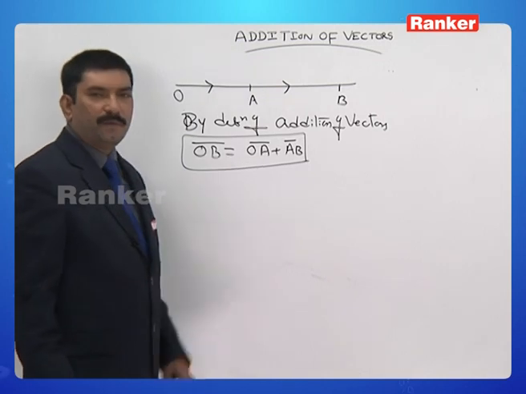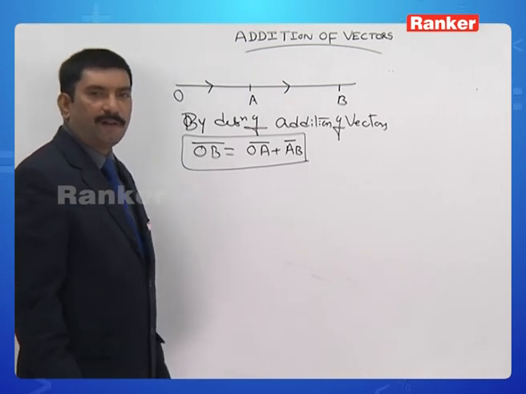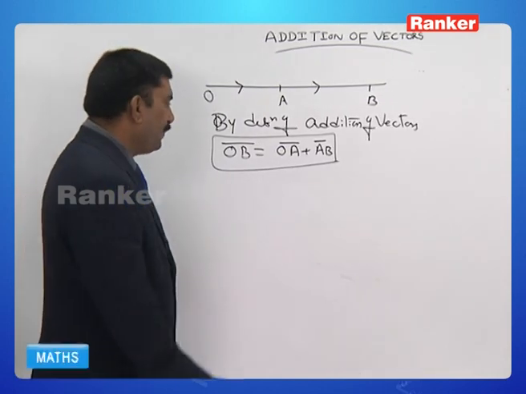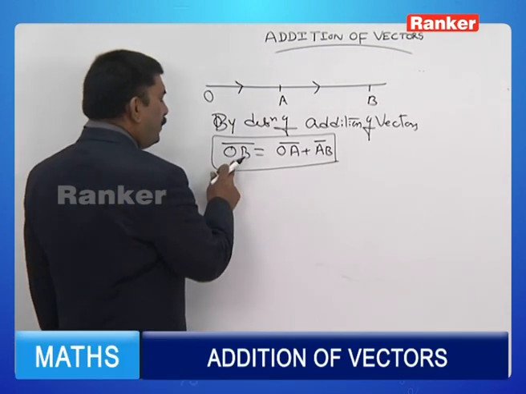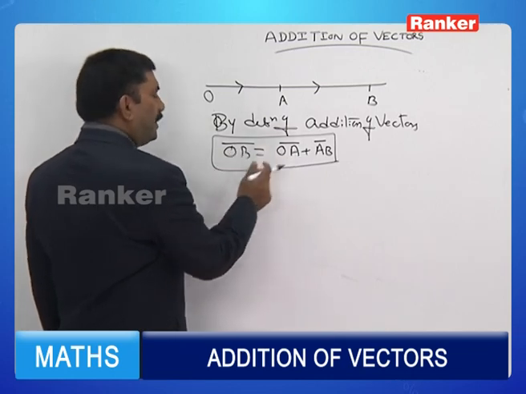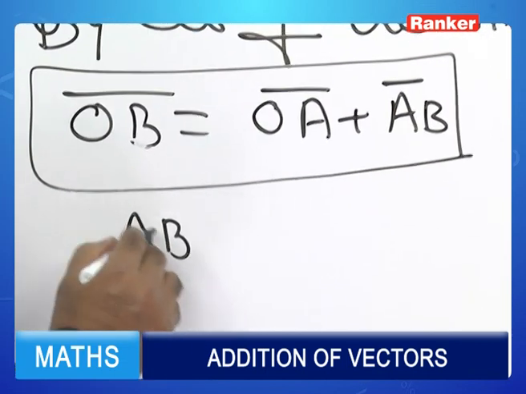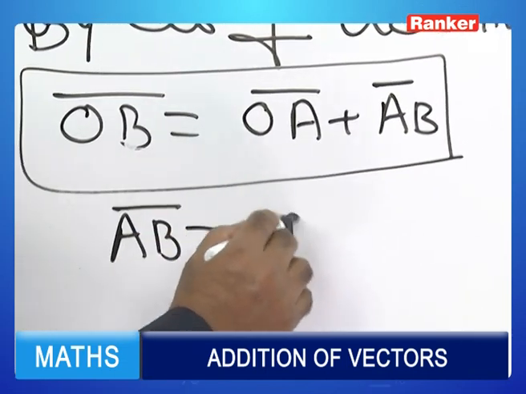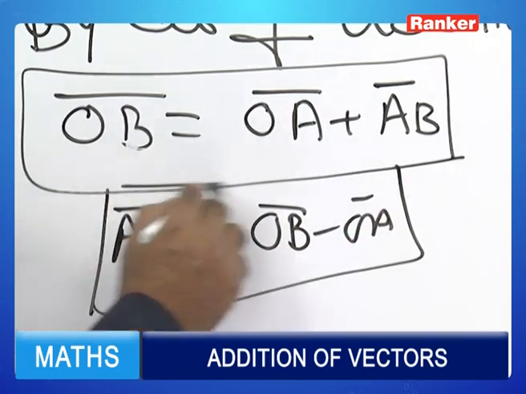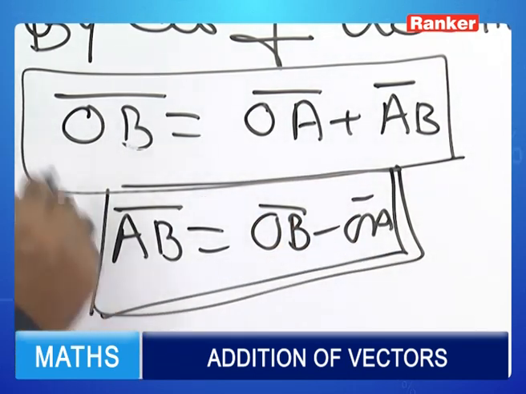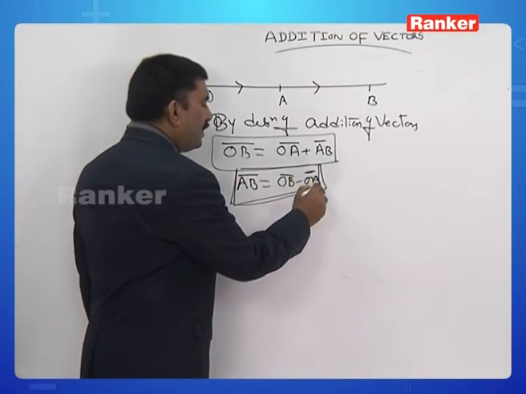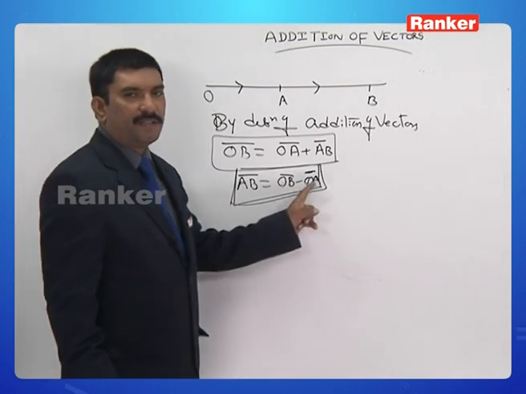OB bar is equal to OA bar plus AB bar by the definition of addition of vectors. OB is the position vector of point B, OA is the position vector of point A. Therefore, I can write AB bar by transferring OA to the LHS. Yes, we got it. AB bar can be written as OB minus OA.